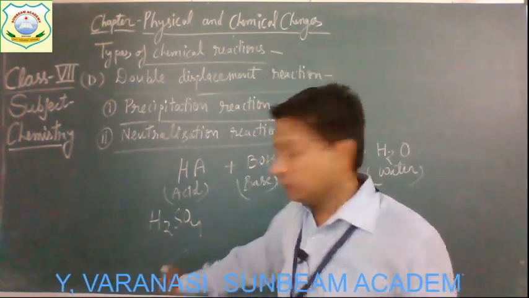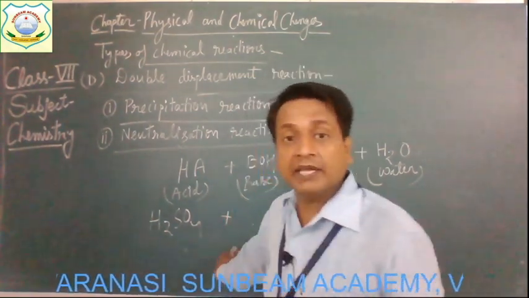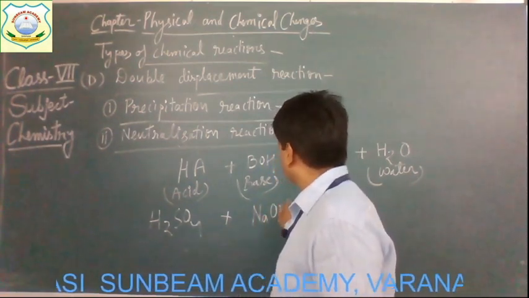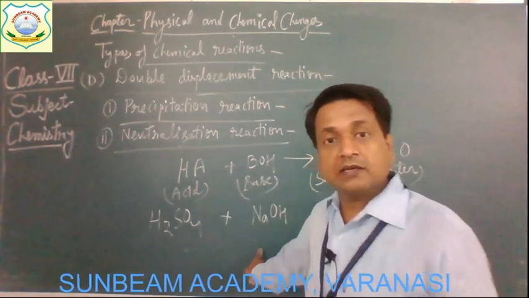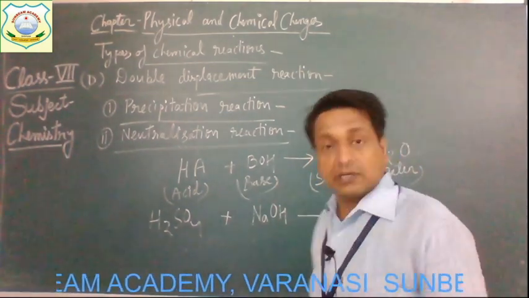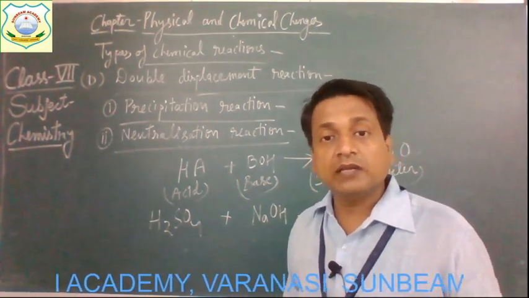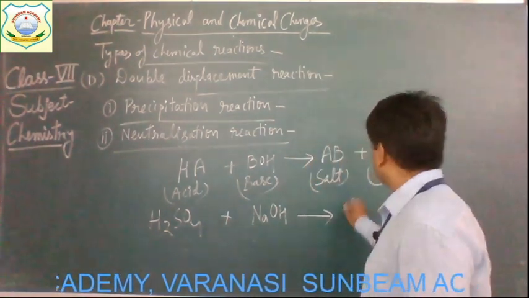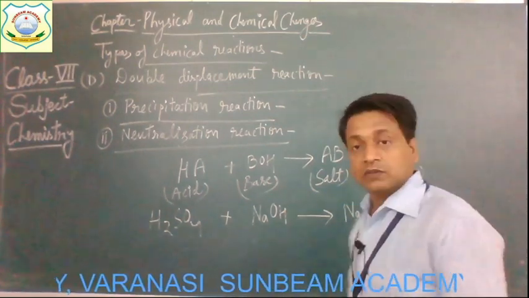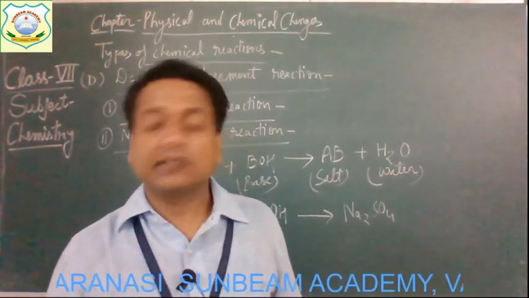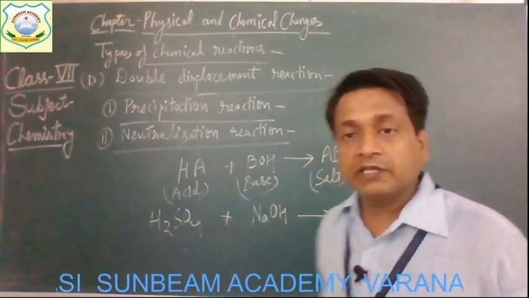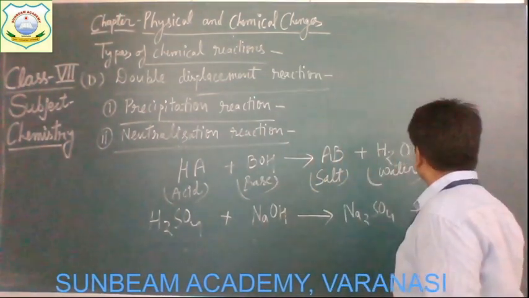So when this sulfuric acid reacts with a base, that is sodium hydroxide, the formula is NaOH, what will happen? A salt will form, and that salt will be sodium sulfate, the formula is Na2SO4, and along with it water will also form.